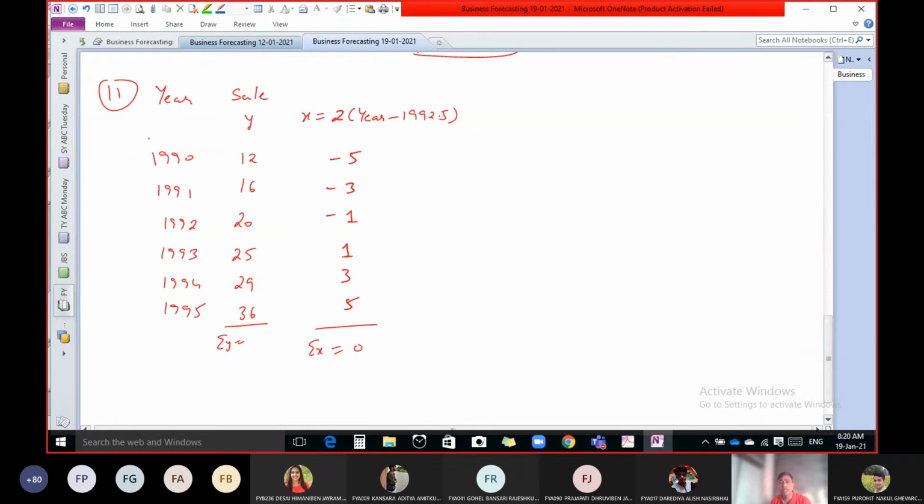Now the calculation becomes much simpler. With these values we get 25, 9, 1, 1, 9, 25, so sigma x square is 70. Then x into y: we get minus 60, minus 48, minus 20, plus 25, 87.